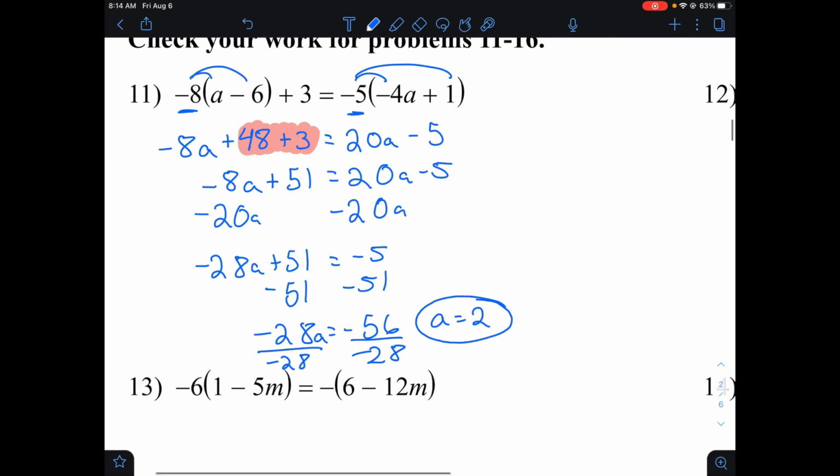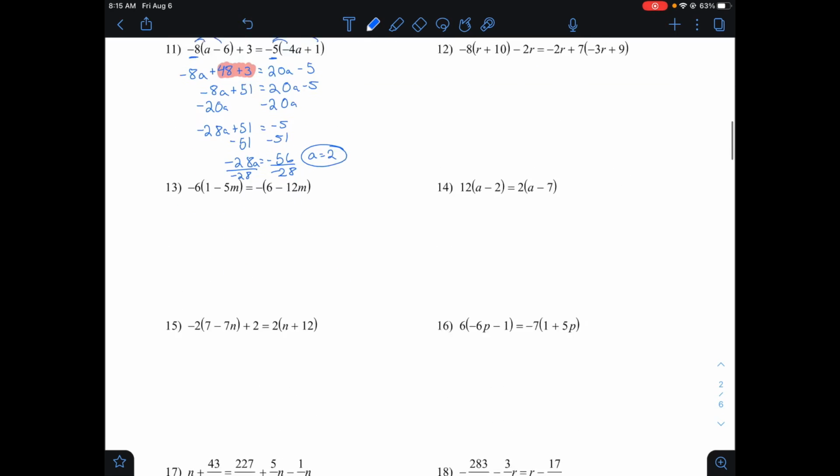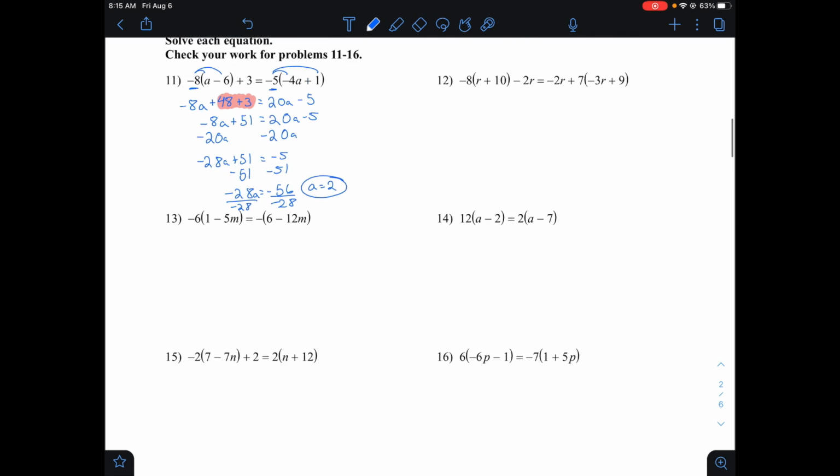So I'll give you a chance to finish copying that down if you missed any of it. All right. So the reason that we ended up getting a positive answer here is because we had a negative divided by a negative, which is going to give us a positive.